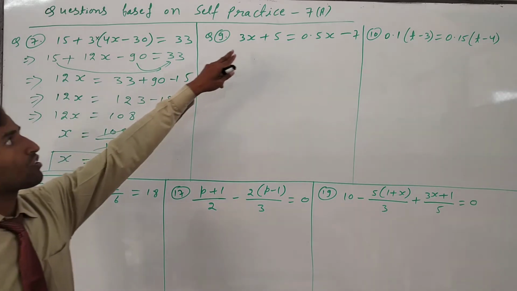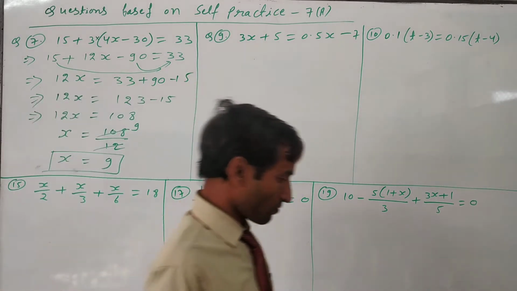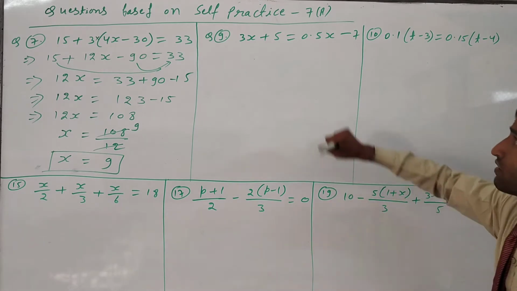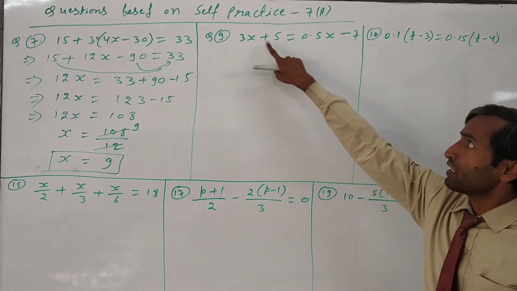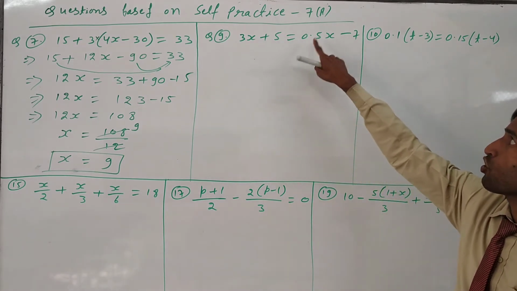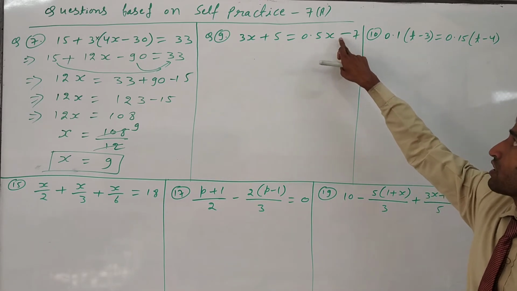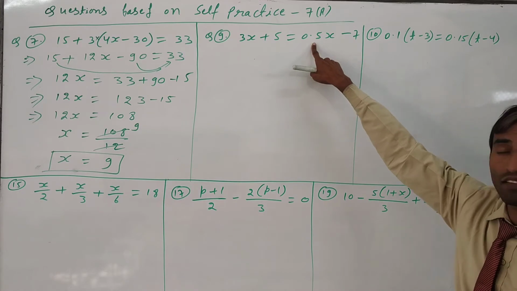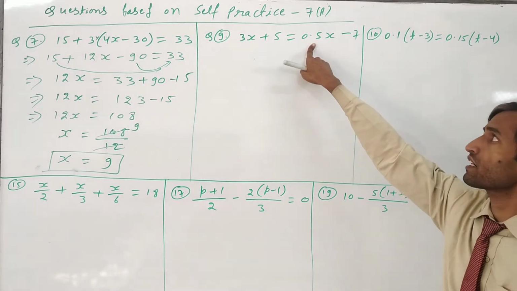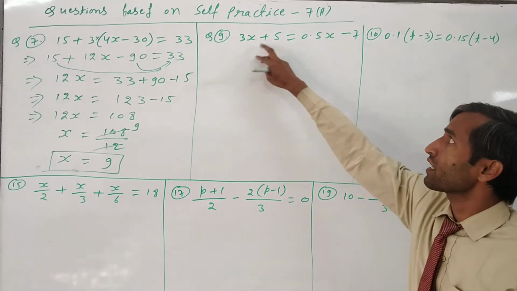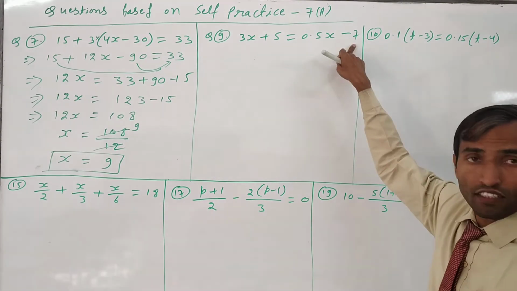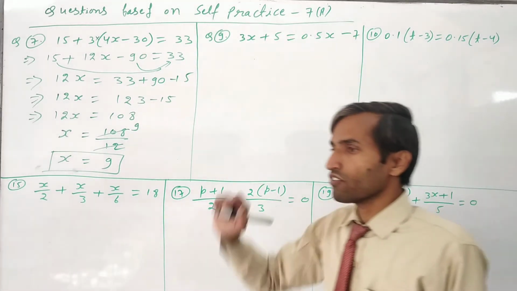Okay. Now question number 9. Here again we have 3x plus 5 equal to 0.5x minus 7. The difference here is the point sign, which means there is a decimal coefficient here, and the rest are integer coefficients. So there is no worry about this.